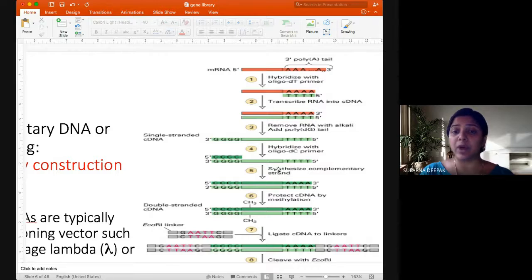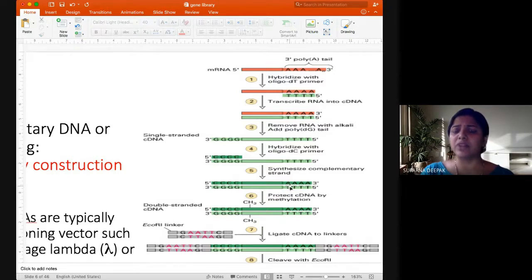Because we require a double-stranded cDNA, right? So why was this poly G added? So that we can now use a poly C primer and form the complementary strand to this first strand that was there.